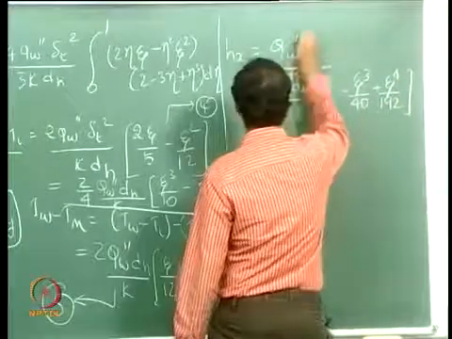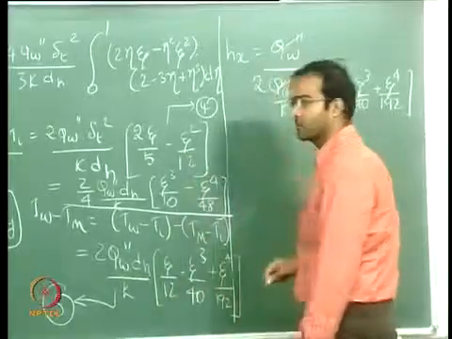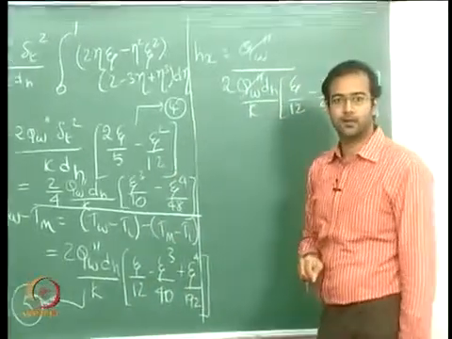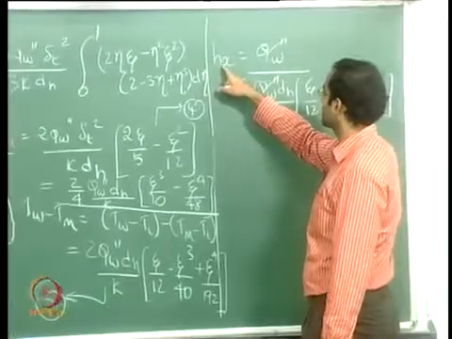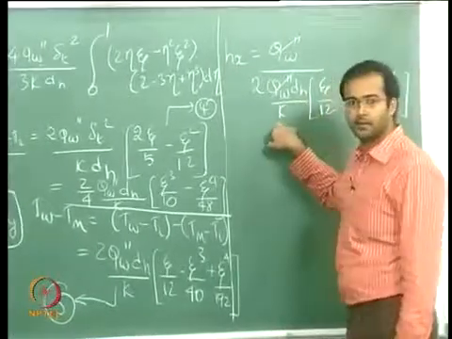So my Qwall double prime cancels here. Now I can directly get the expression for Nusselt number. You can see that this can be written as Hd by K.